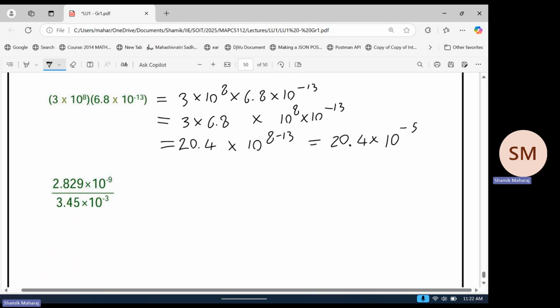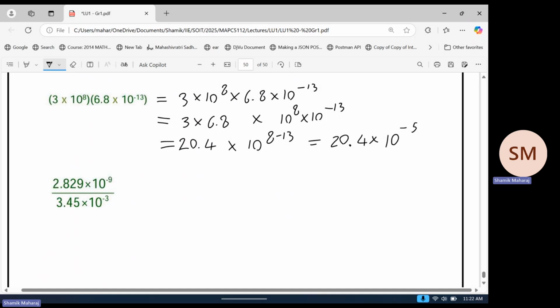But we have to be careful here, because this looks like a good stopping place, but is that technically scientific notation? It isn't, right? Because it's 20.4, which is not a number between 1 and 10. So we've got to move the decimal around. This is where a lot of people get confused, including myself sometimes. You've got to be very careful with these things. Let me go very incrementally.